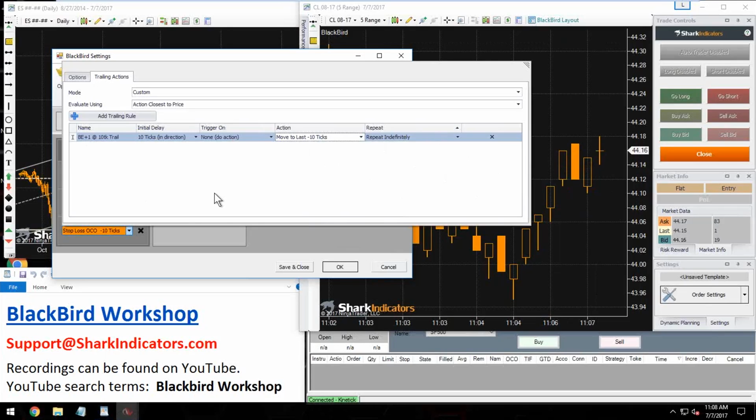There's no way to escape that reality. There's no way to make an exception to that calculate on bar close setting. That is something that is locked inside NinjaTrader, and there's no way to make any exceptions to that.